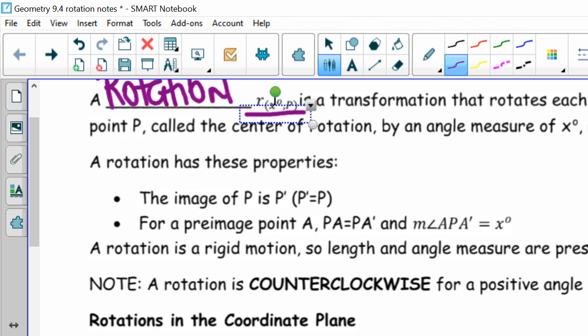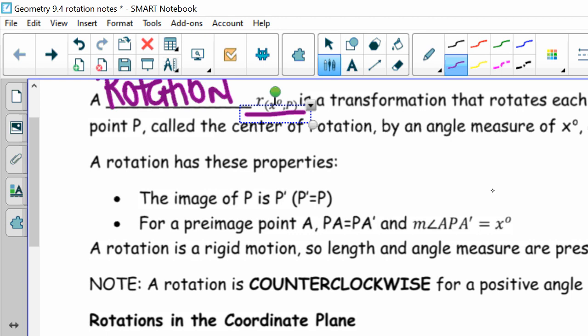This is the angle that we are rotating about. This is my A, this is my A prime, P and P prime are the same. A rotation is a rigid motion, so length and angle measure are preserved. We're not changing the length of anything, we're not changing the angles of anything.